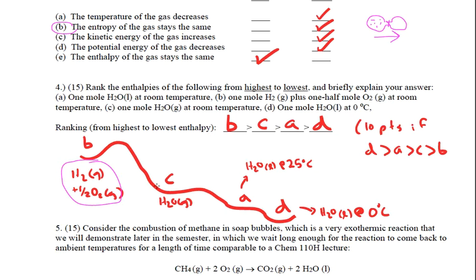What you're doing here is trading the bonds in hydrogen and oxygen for the stronger bonds in water. Remember, these are polar covalent in water, which is stronger. They have that electrostatic component. As we move down the hill in terms of enthalpy, getting lower enthalpy means getting stronger bonding.